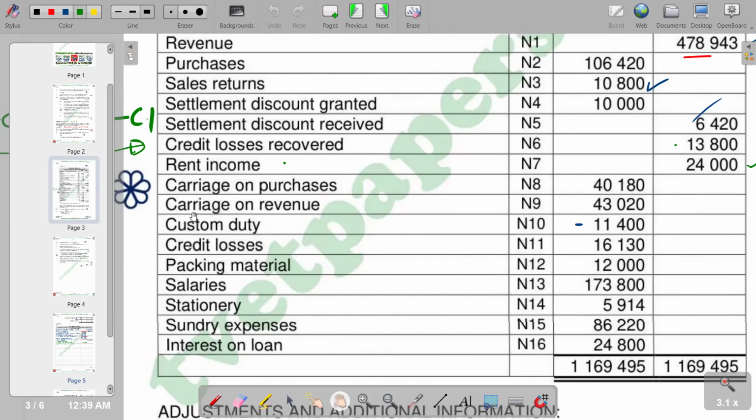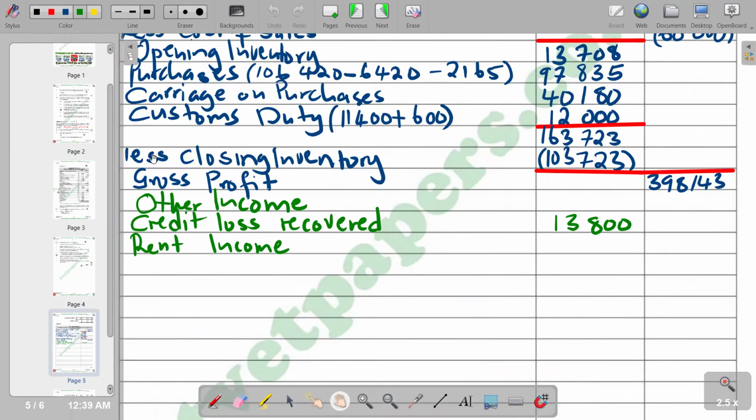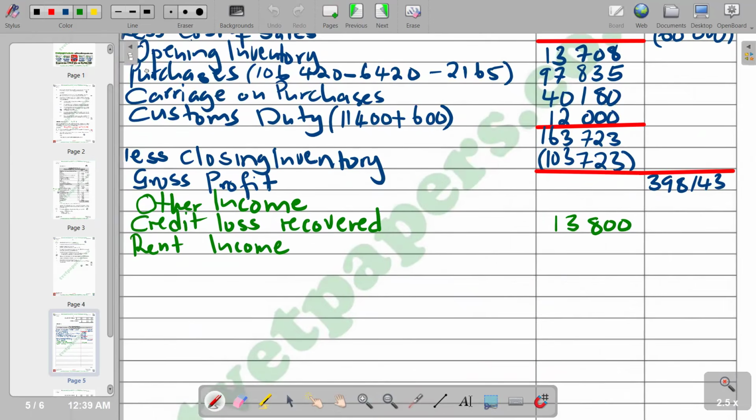So the remaining 24,000, we add it to the 24,000 that has been received to get the total. So we come here, we make that adjustment whereby we are saying 24,000 plus 24,000. And then, of course, if you add, you're going to get your 48,000.